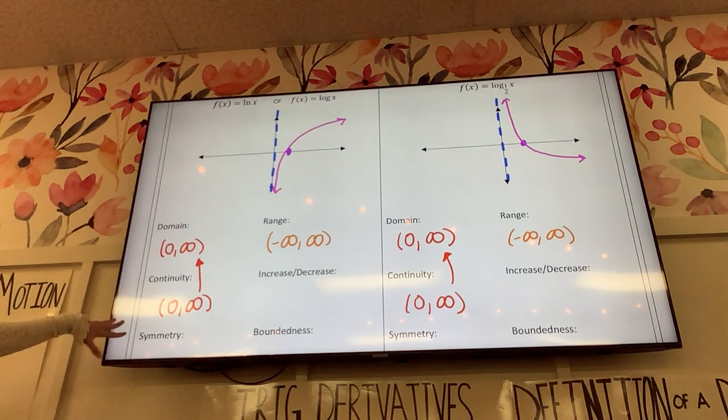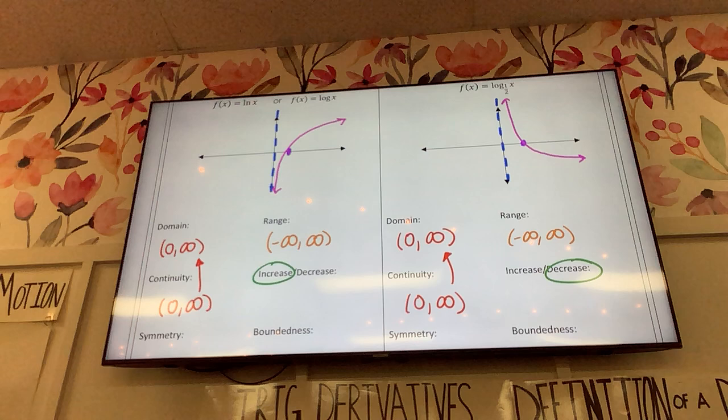All right, on my growth log, am I increasing or decreasing? Increasing. What about my decay log? Decreasing. And you're going to see it doesn't always work out that way, depending on if there's like a negative, just like with exponentials, it could affect your increasing and decreasing, depending on the growth and decay. They don't always match up.